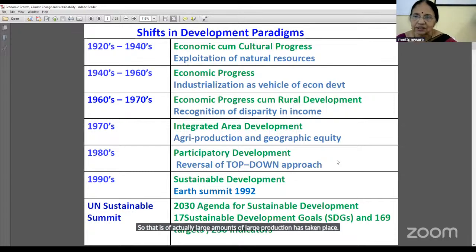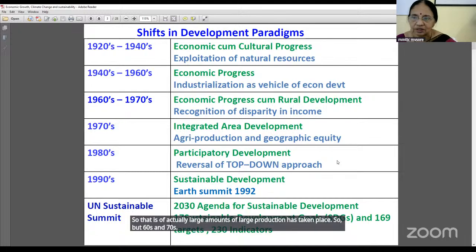But in the 60s and 70s, the focus is more on economic progress cum rural development.